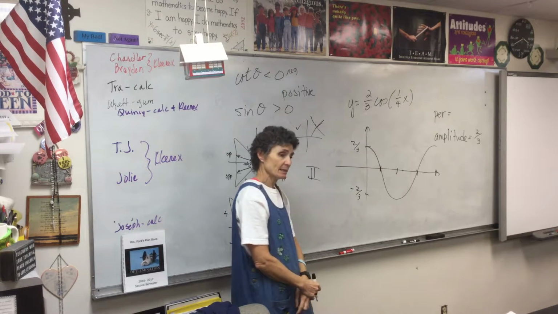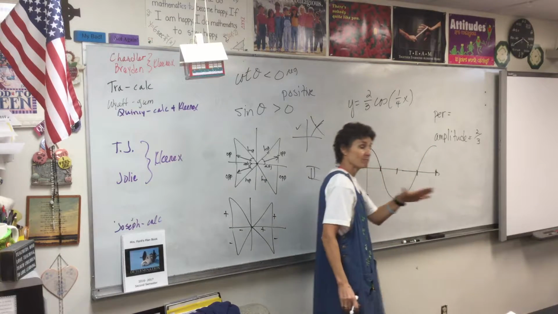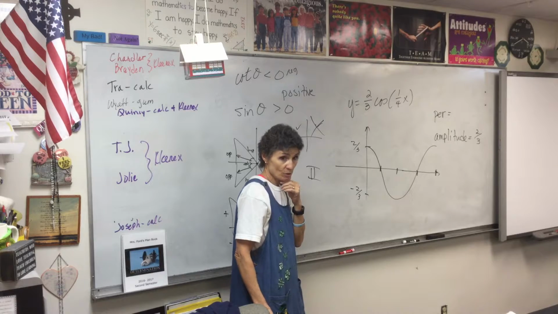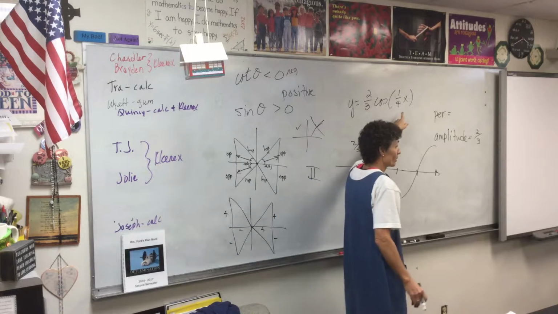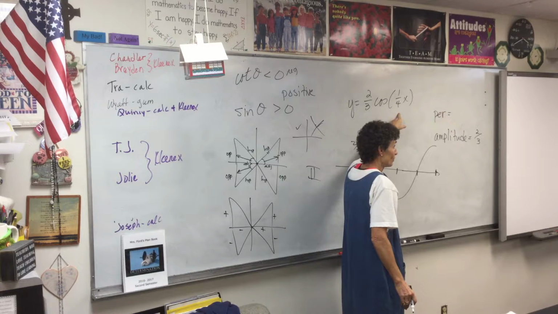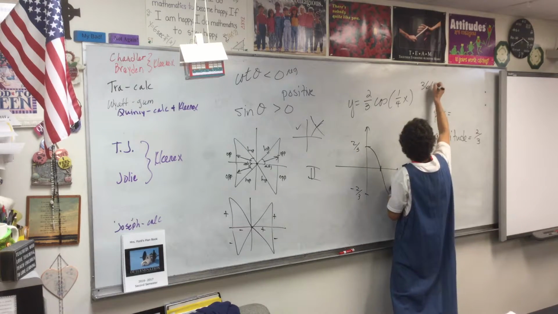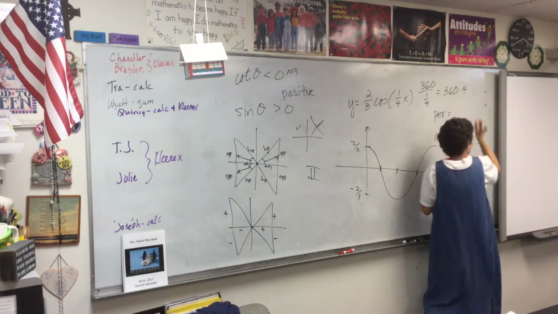All right, now how about these labels? What's this last label supposed to be for a cosine? 360. It's supposed to be 360, right? But I put a coefficient on here, and what does that coefficient do? Well, it divides by a fourth, which is the same as timesing by 4.